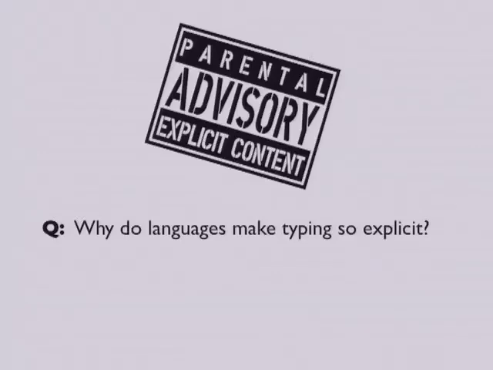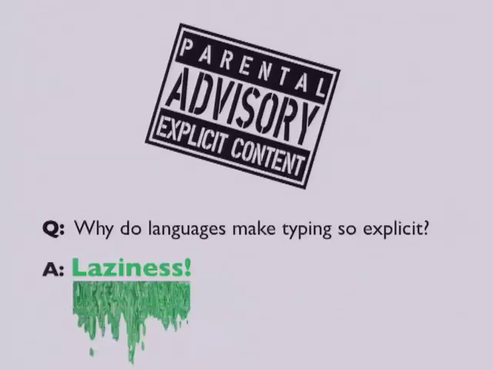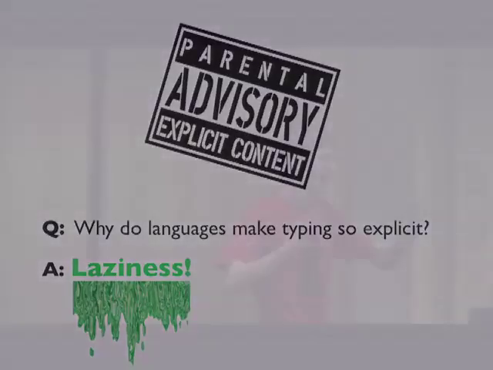And the answer is laziness. This is not laziness in the functional programming sense. It's not lazy evaluation. It's not laziness in the good design sense. No, this is just plain old-fashioned laziness on the part of language designers. So think about it. When you say string name equals Daniel, when you write that string type, what are you doing?